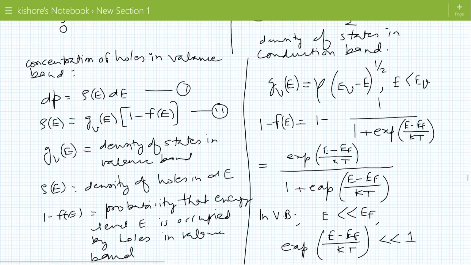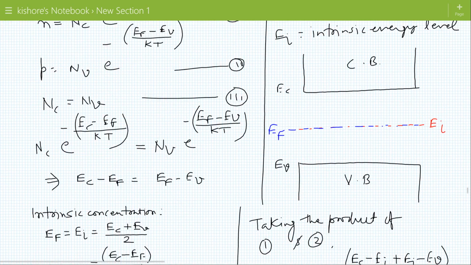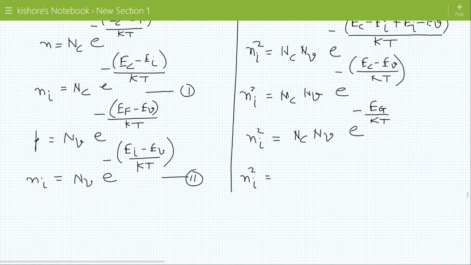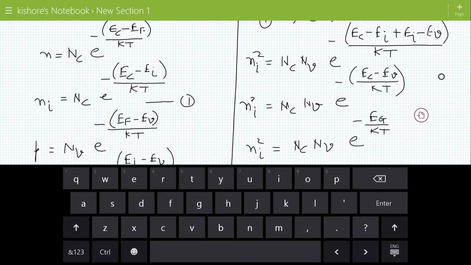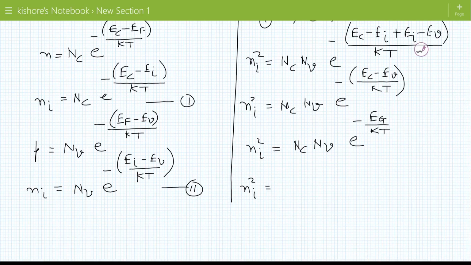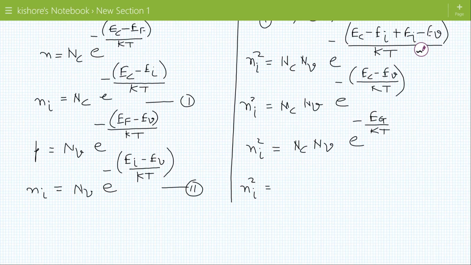So now replacing Nc and Nv, Nc is gamma root pi by 2 (kT) to the power 3 by 2.